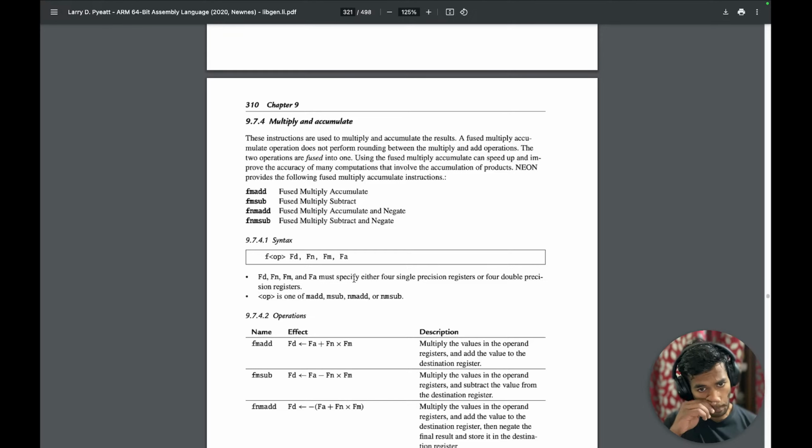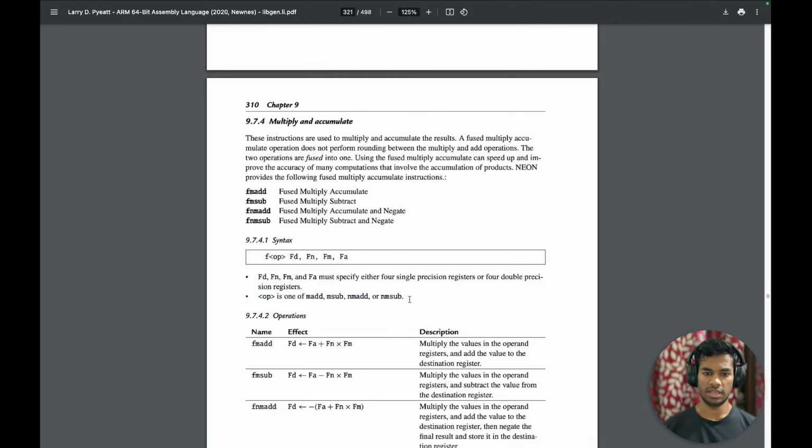Good. We have to give four registers to this. A destination register like this, two source registers, and then an accumulator register. Must specify either four single precision or four double precision registers.